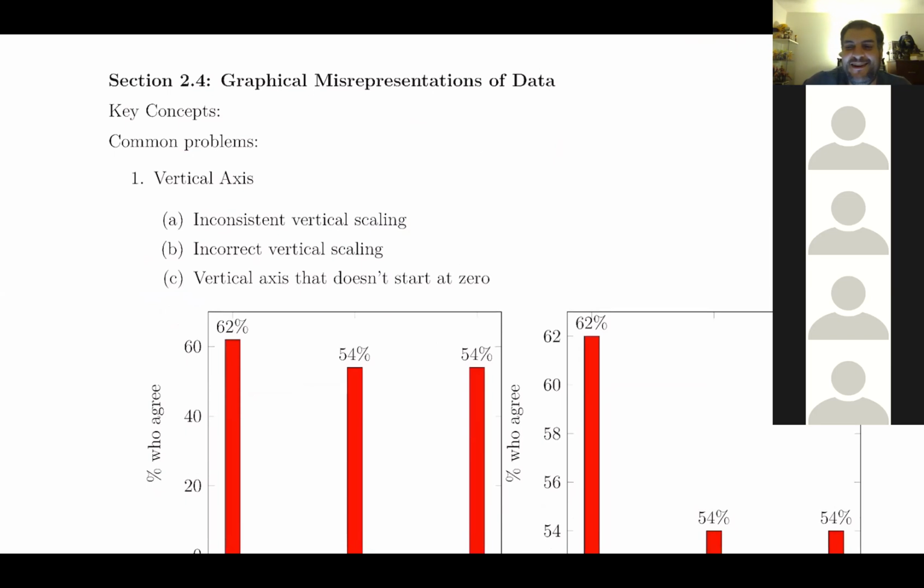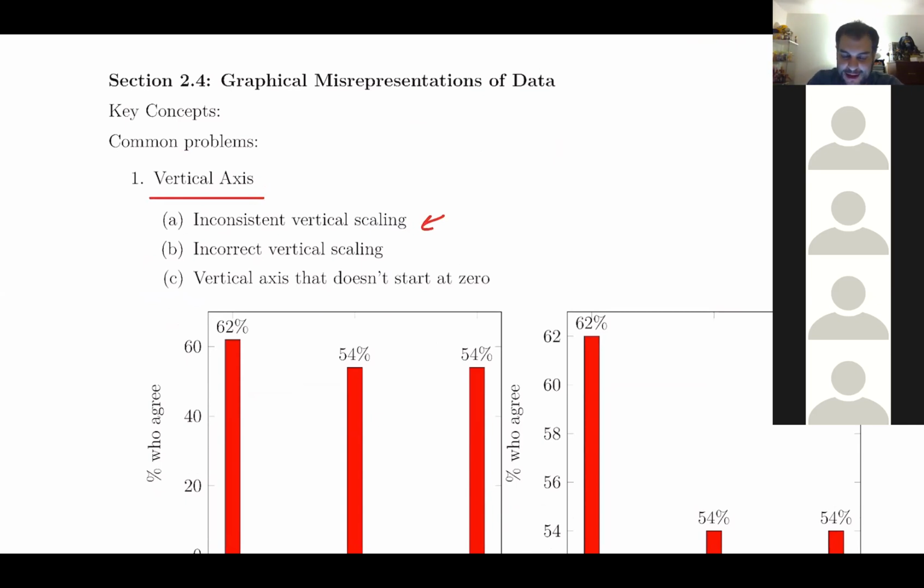All right. So this last one is just going over how we can misrepresent our data set. I want to show you different ways that we can do that. If you look at this first one, it says vertical axis, inconsistent vertical scaling. When I was doing my frequency, I would always go up by 1 or go up by 2, or however much I want.